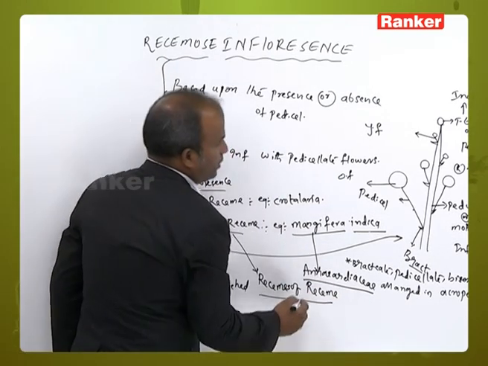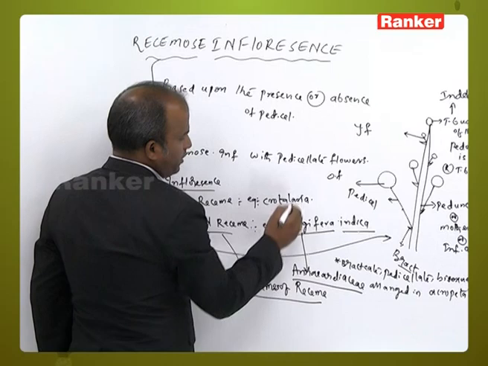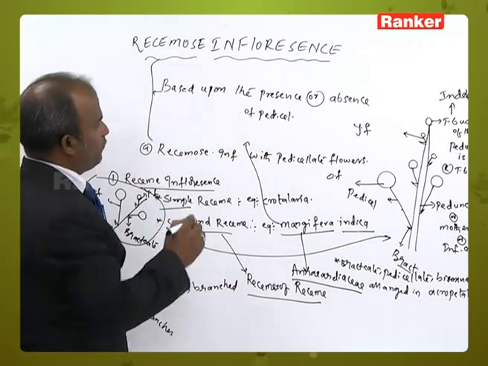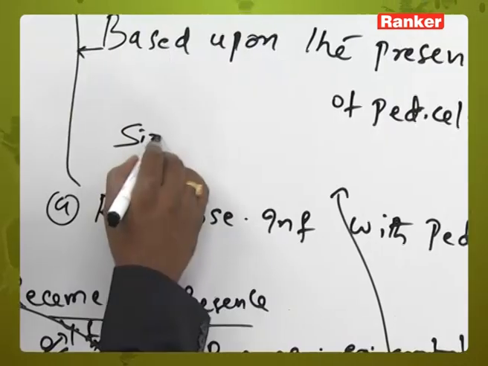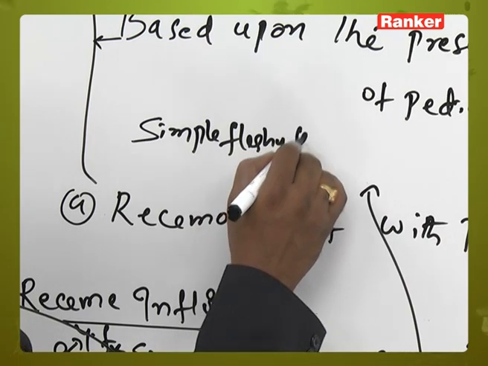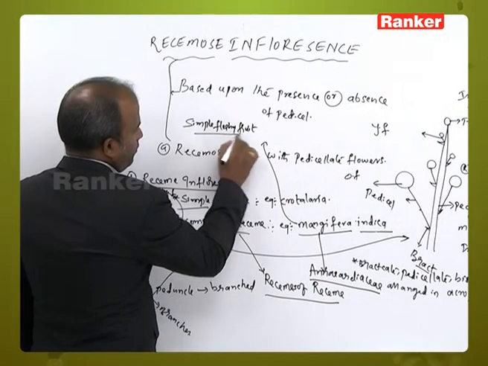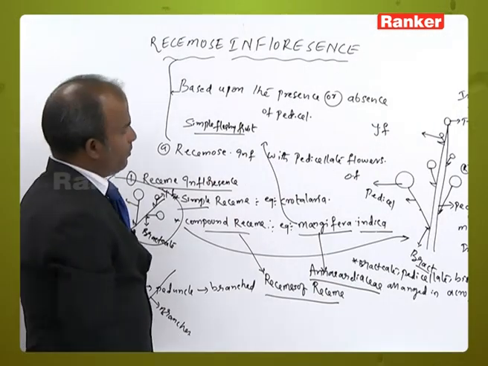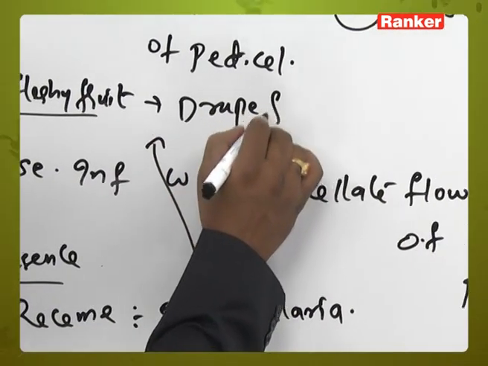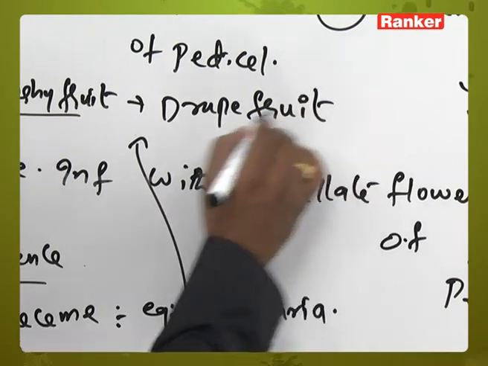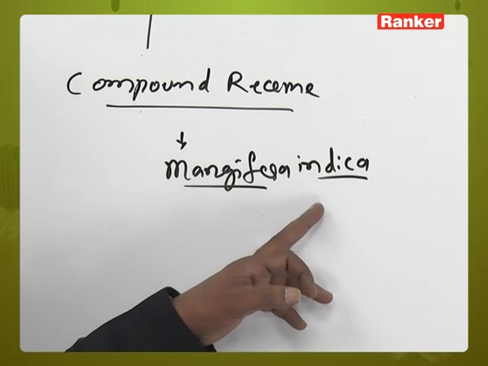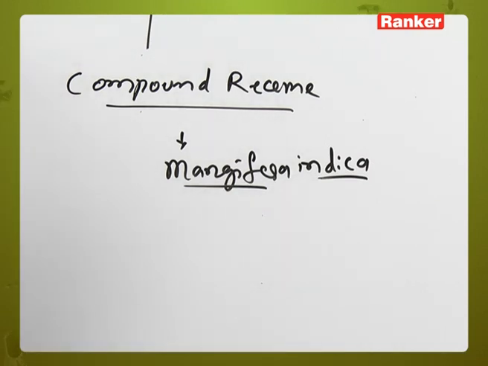A simple fleshy fruit. What is that simple fleshy fruit? That is nothing but drupe fruit. So for compound raceme, the example is Mangifera indica.